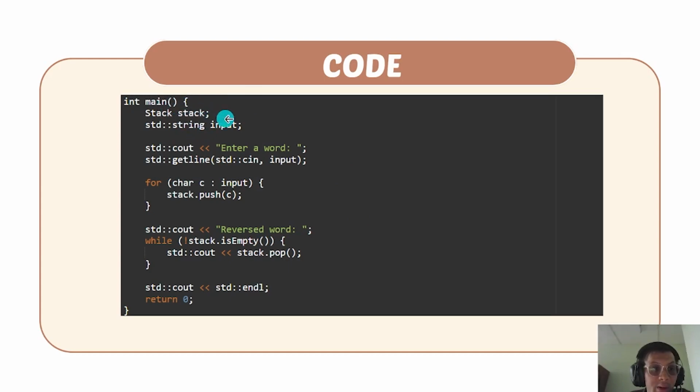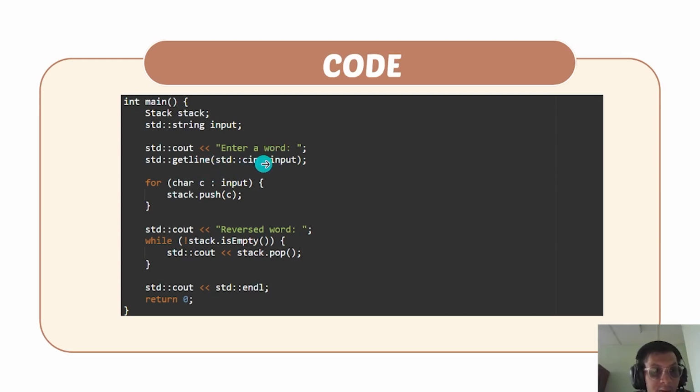It will create an instance of the stack, allowing us to use the stack operations. String declares a string variable input to store the user's word. Okay, "Enter word" is shown here so that the user will know to enter the word.